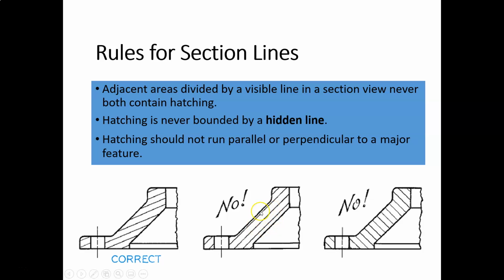So this is not good, where it's running parallel. Also, we don't want it running perpendicular. That's also not good. So something like this on the far left is certainly the best option in this case. You can change the hatch angle in AutoCAD to fix that.